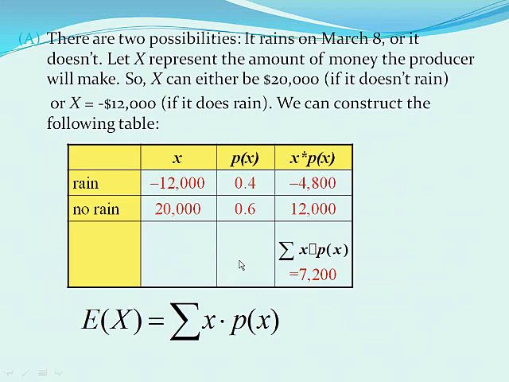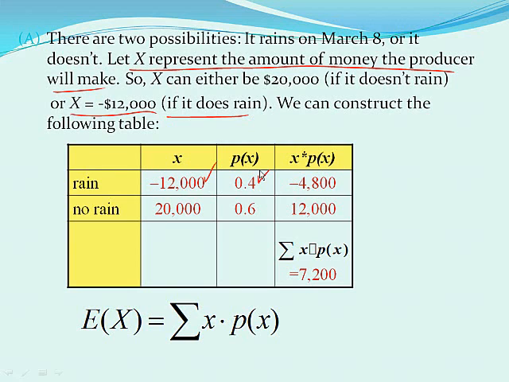Here is a solution. We can create a probability distribution. If we assume that x represents the amount of money the producer will make, which is a random variable, we have two possible values of x. If it rains, the producer will lose $12,000, so the x value will be negative 12,000, with a corresponding probability of 0.4.